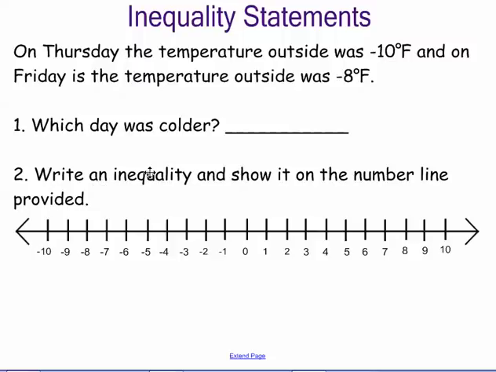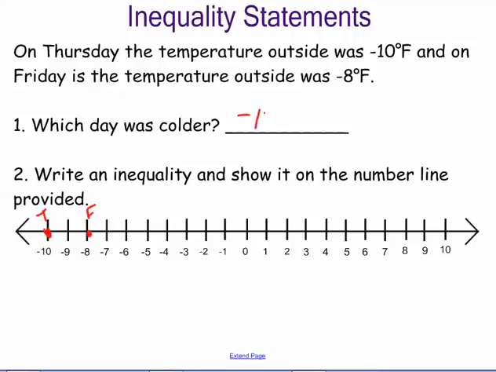Here is a real world situation. On Thursday, the temperature outside was negative 10, and on Friday, it was negative 8. Which day was colder? Okay, so let's just use a number line here. It was negative 10 on Thursday and negative 8 on Friday. Which day was colder?